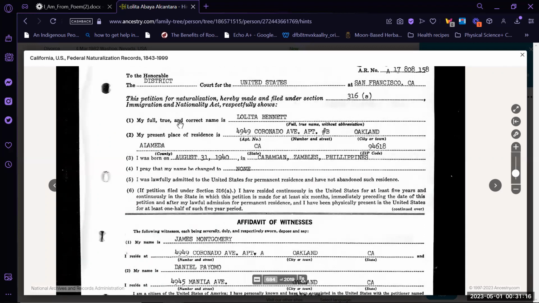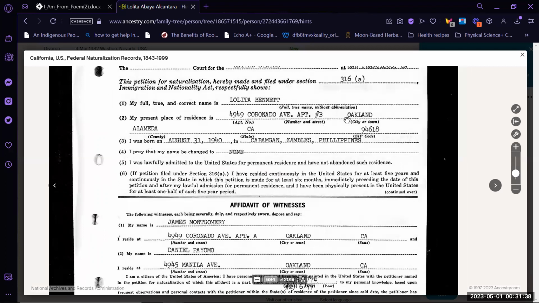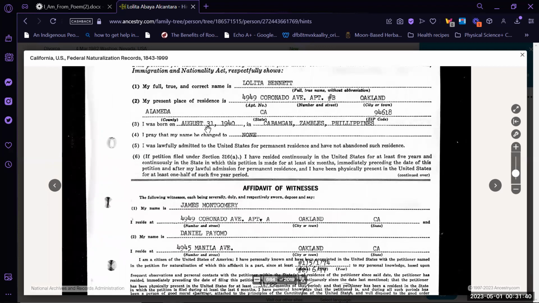And here's her full name, Lolita Bennett, and that is not her original name. This is her marriage name. You can see this is her place of residence, right there. You can see where she lived, and this helps you when you're putting information on your family tree on Ancestry.com. You can also find the birth date if you didn't know the birth date of that family member.